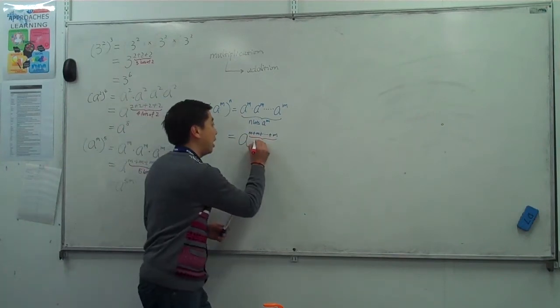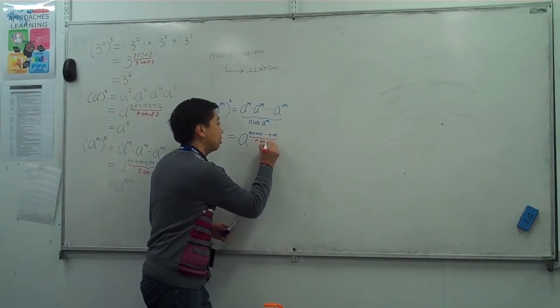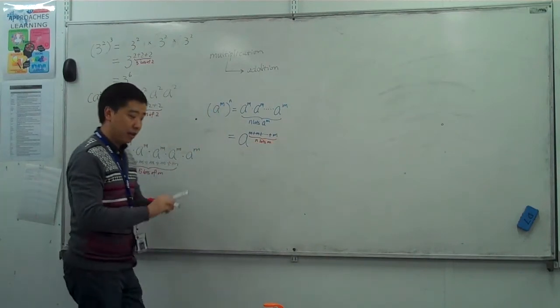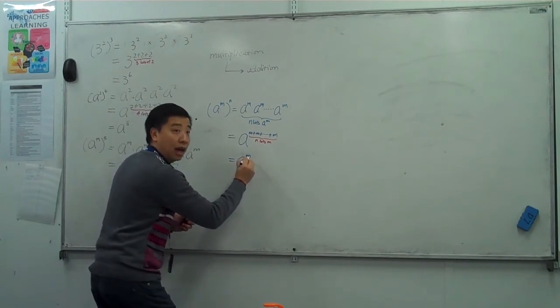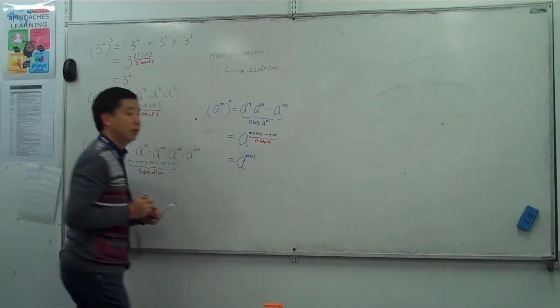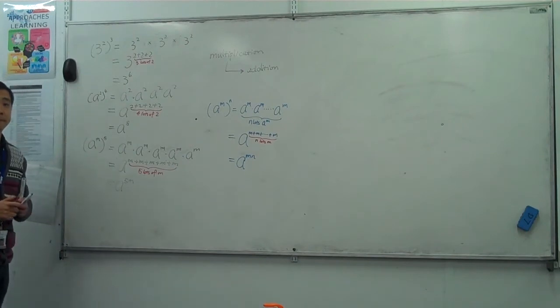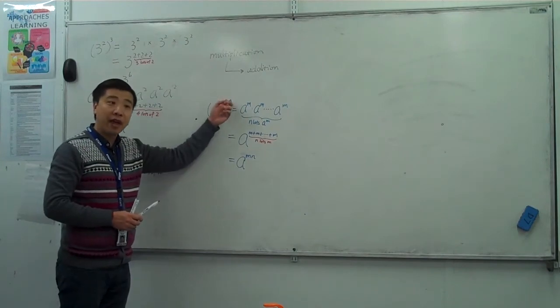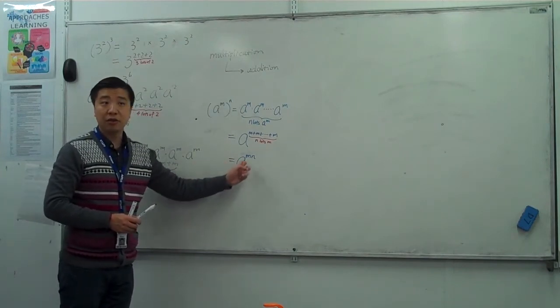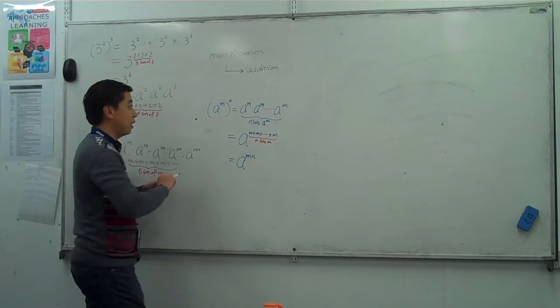So your answer is a to the power of mn. Good. So a to the power of m, to the power of n equals a to the power of mn. So this is the law.